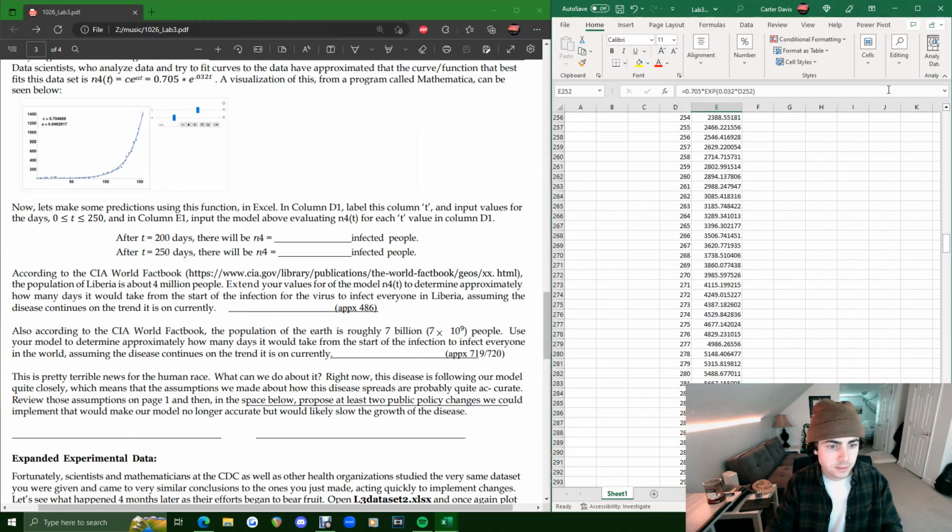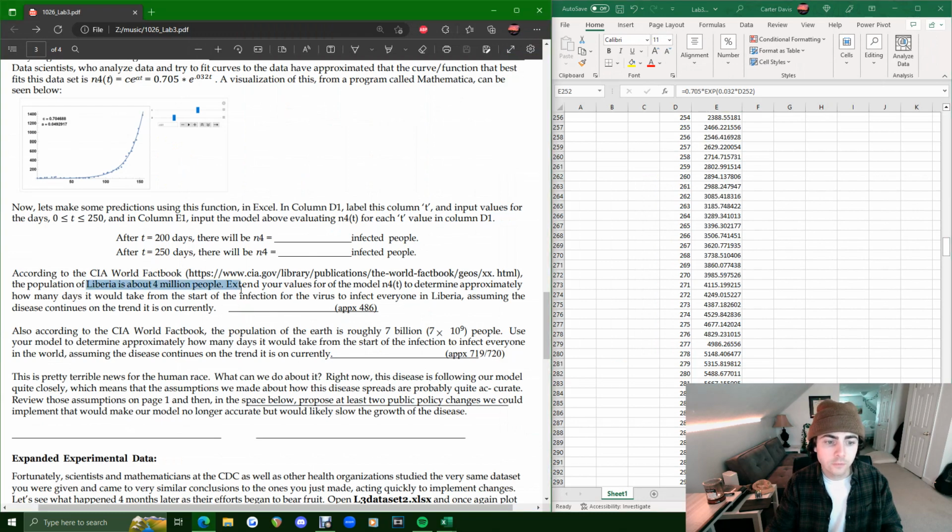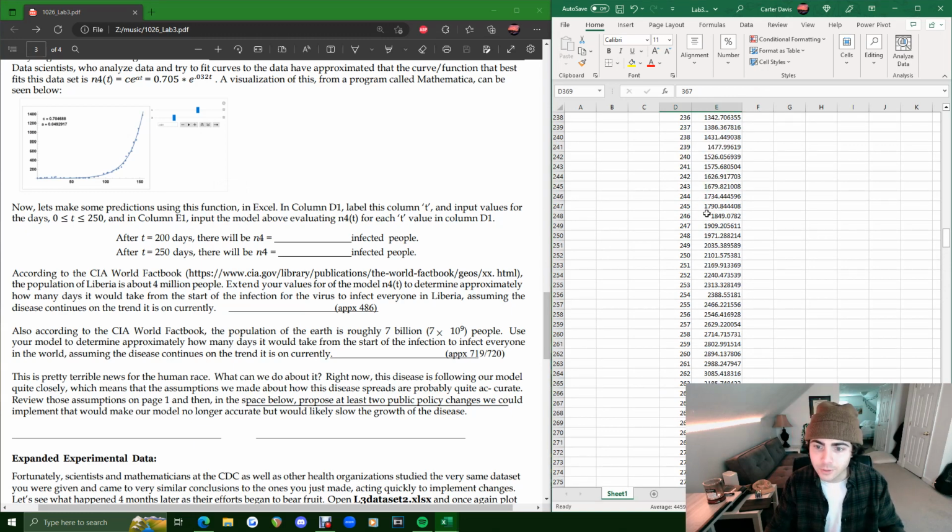Then they say Liberia is about 4 million people. If we extended these values, when would hypothetically the disease infect everyone, all 4 million people in Liberia? So we extend these values. Whatever the last data point you have is, you can always highlight those columns and drag it down.